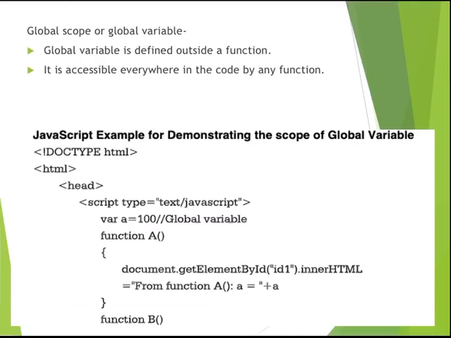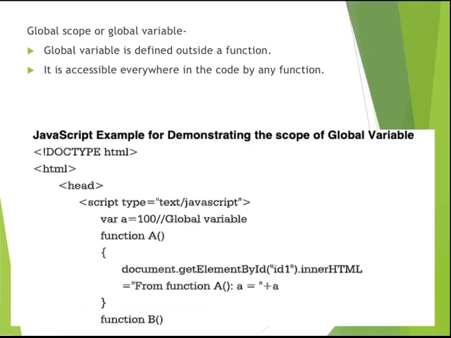So, doctype HTML, then open the HTML tag, the head tag, the script tag, then declare a variable outside the function, that is var a is equal to 100, and in a comment we have written global variable. So this is our global variable a is equal to 100.